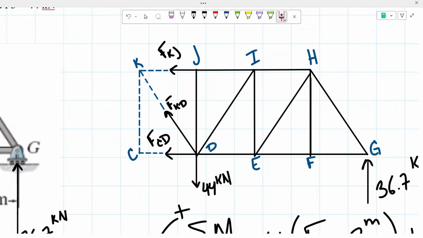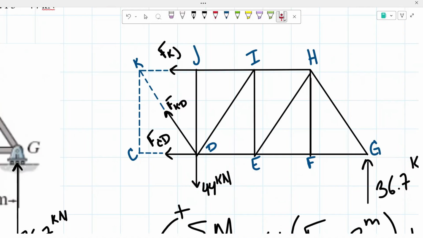Because of that, we could either take the sum of the forces in the y direction or in the x direction. You could do either or. In the end, you should get the same answer. I'm simply going to be taking the sum of the forces in the y direction. That way, I would be using my reaction and the force that was given to us.